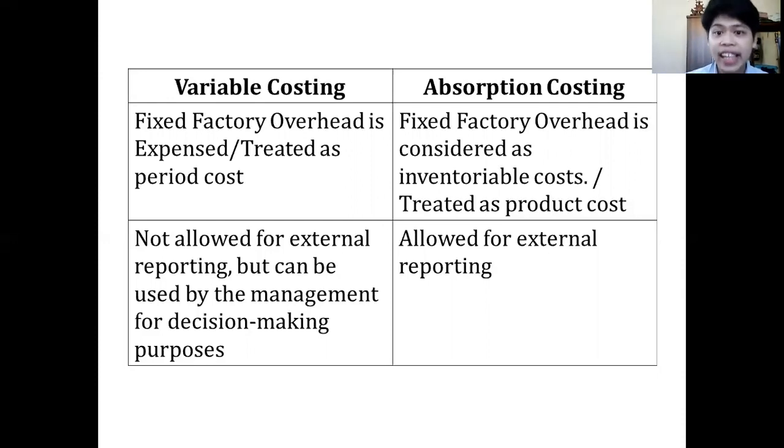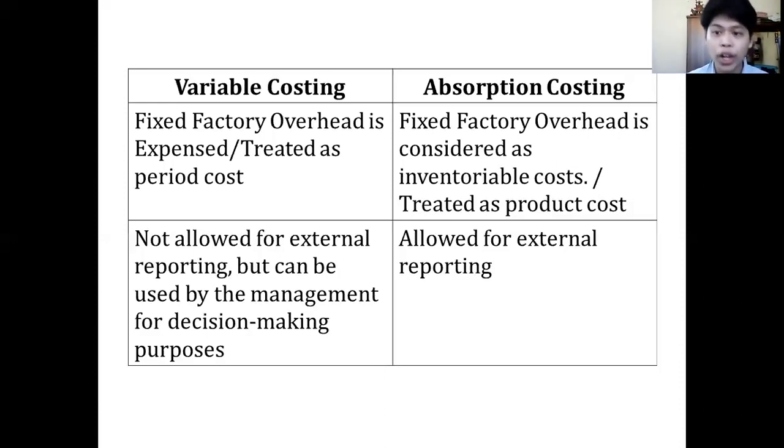And in case the product is not sold at the end of the year, the assumption is that the fixed factory overhead allocated to that product will remain in the ending inventory. Okay? Because what is the assumption in absorption costing? We include the fixed factory overhead in the product cost or in the cost of inventory. Okay? So that's why we call it inventoriable cost.